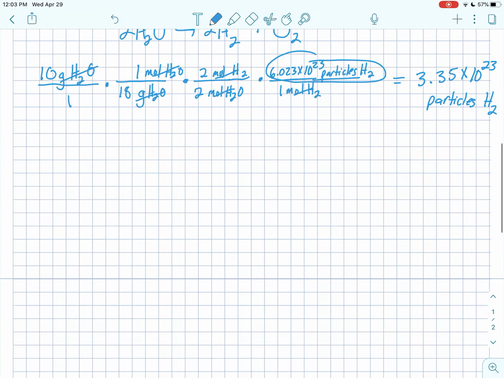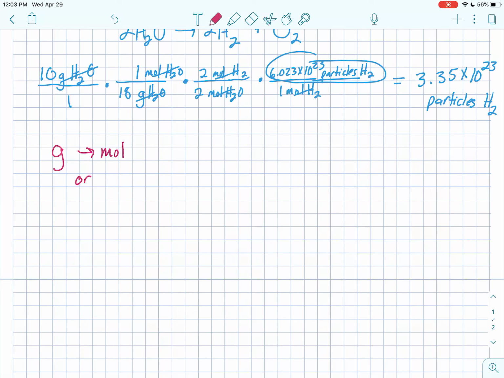So just to summarize, when going from grams to moles or moles to grams, you are going to use your molar mass.